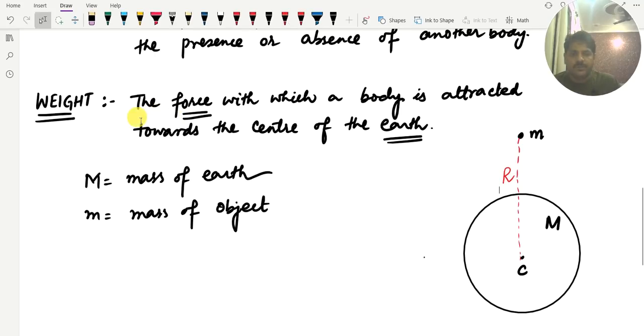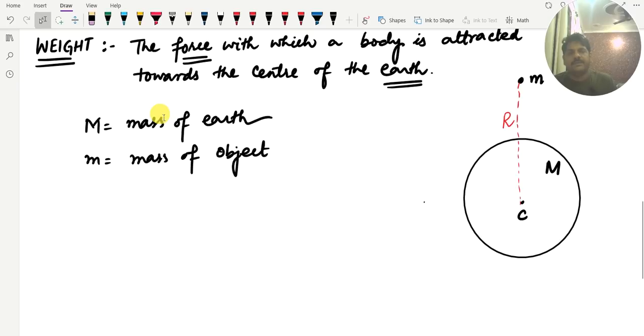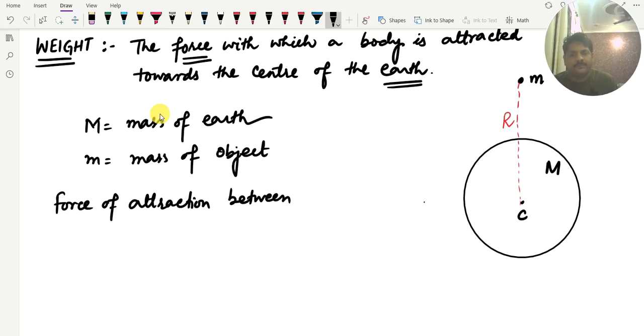So what would be the force of attraction if we remember Newton's law of gravitation? The force of attraction between the two objects, two bodies.